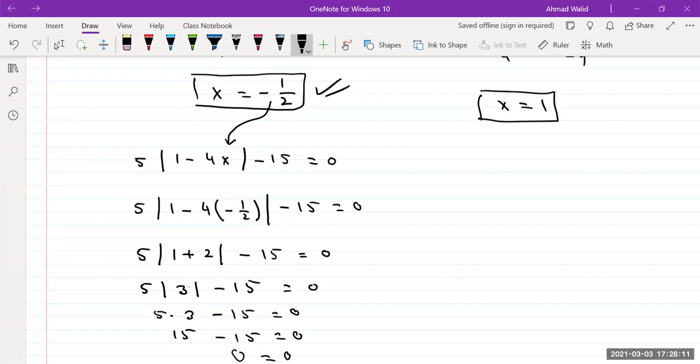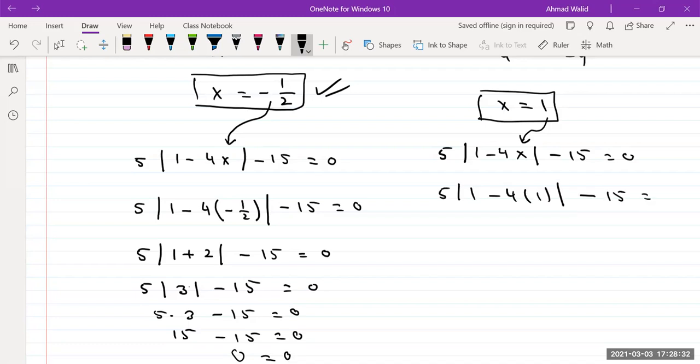Now I'll check 1, correct? The same method. I have 5 absolute value of 1 minus 4x, minus 15 equals 0. Plug in 1: 5 absolute value of 1 minus 4 times 1, minus 15 equals 0. 4 times 1 is 4, and 1 minus 4 gives you negative 3.